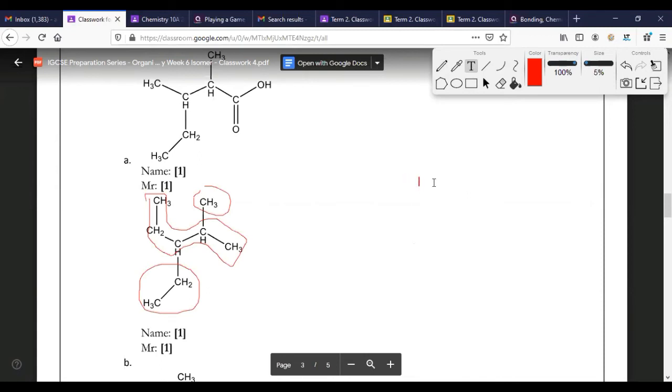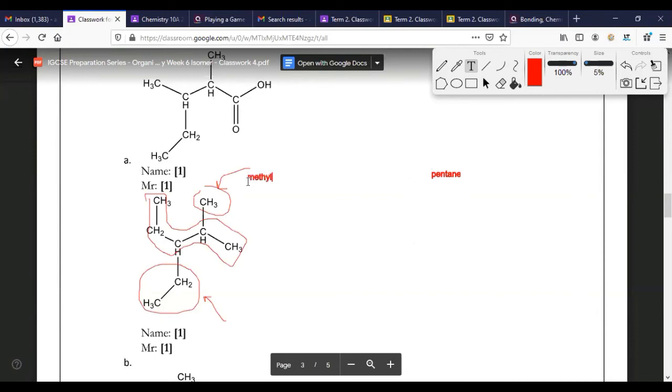What's the name of the branch? What is this? And what is this? Are we supposed to start from CH3? Yeah, right. CH3. What's the name?